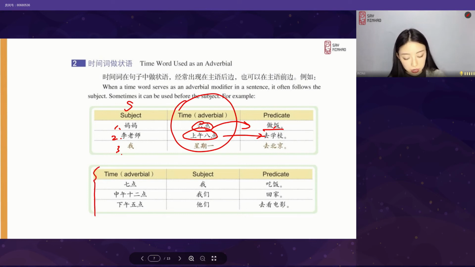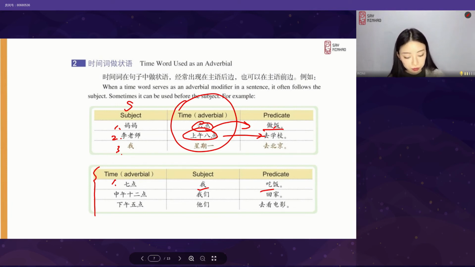Okay, now let's see another situation, which is the time word is not only before the verb, it is also before the subject. Let's see it. 7点我吃饭. 7点 is the time word, 7 o'clock. 我 the subject. 吃饭, eat the meal. 7点我吃饭 is the same as 我7点吃饭. It means I will eat at 7 o'clock.